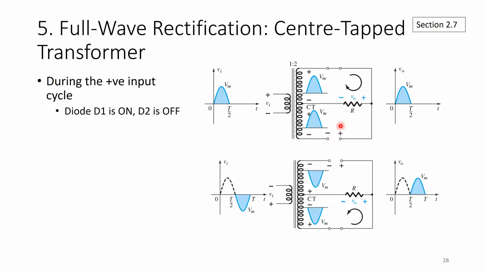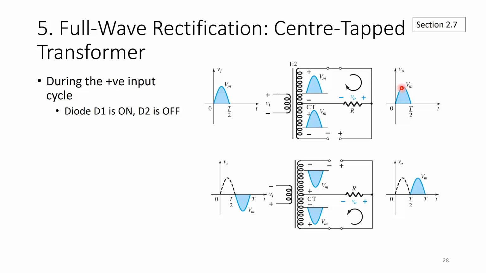And if we consider the voltage across R as V out, then doing a KVL along this flow, you will get V out equal to V-in, and the maximum voltage of V out is going to happen when V-in is also maximum.